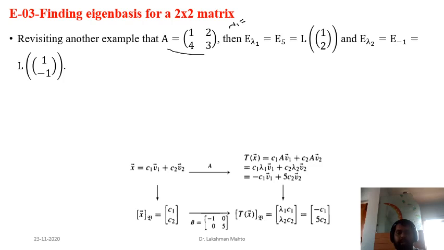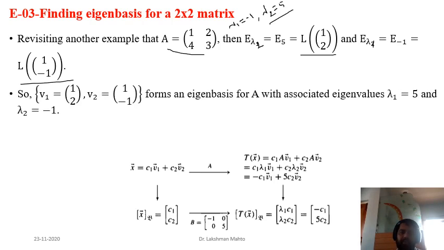So it is having two eigenvalues. One eigenvalue is -1, and the second eigenvalue I'm calling lambda 2, which is 5. So try to find the eigenspace with respect to eigenvalue 5. It is just a linear span of a single vector. And the eigenspace with respect to the first eigenvalue -1 is a linear span of 1 and -1.